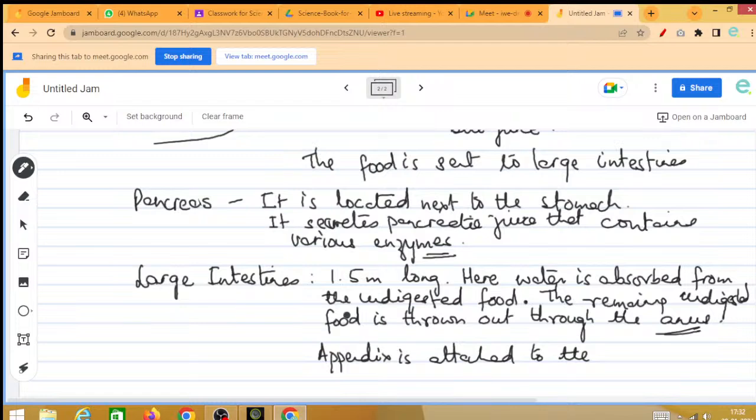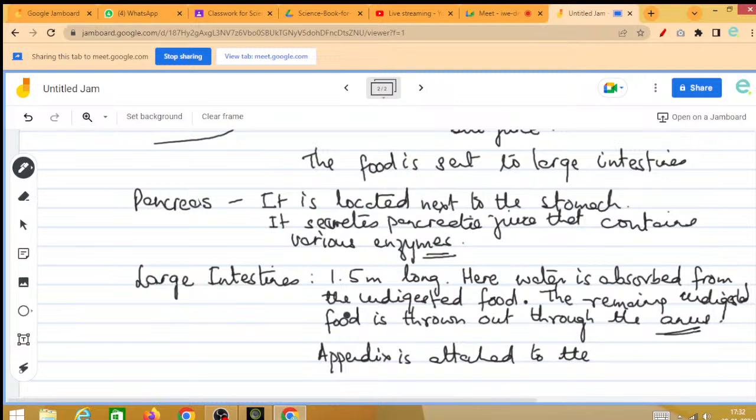I'll write that down. You also write down, all of you. It is a vestigial organ now. Appendix is a vestigial organ. What does vestigial mean? Which means it is no longer used by us.